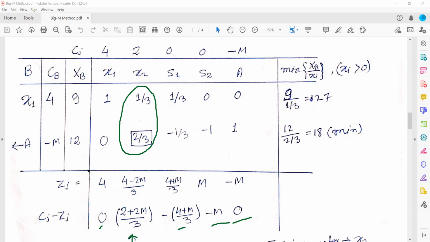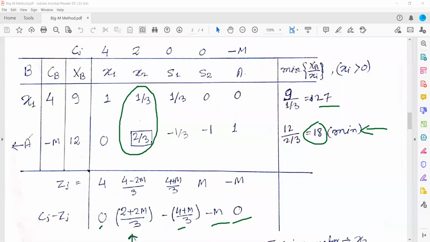So that is 9 by 1 by 3, which will be 27, and 12 by 2 by 3, which will be equal to 18. So this row is your key row.